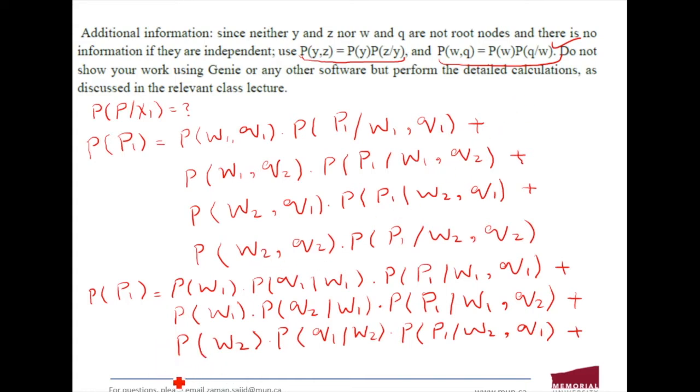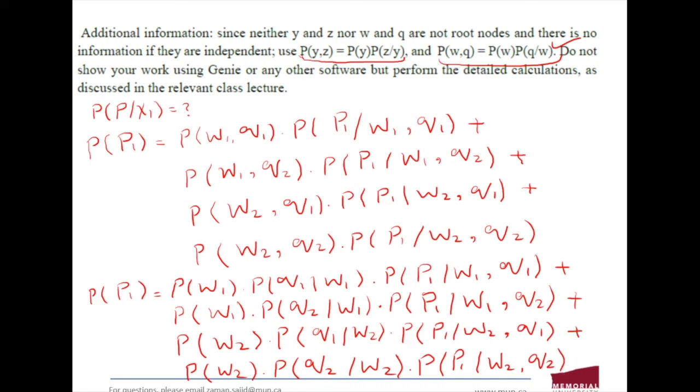So the last term should be the probability of W2 times the probability of Q2 given W2, multiplied by the last term, P1 given W2 and Q2.